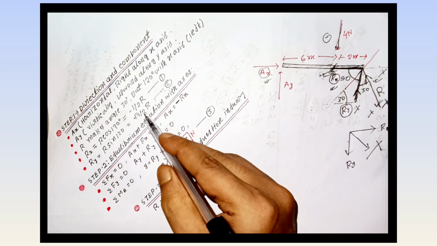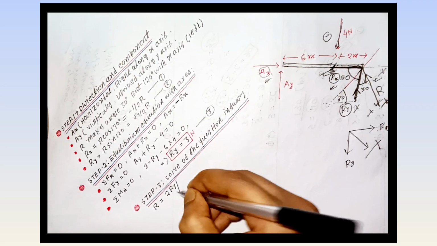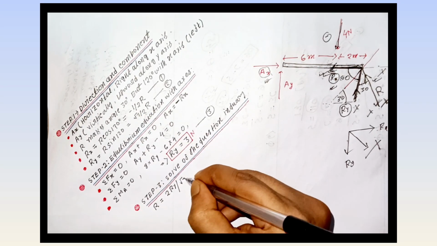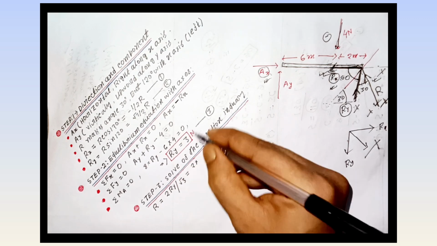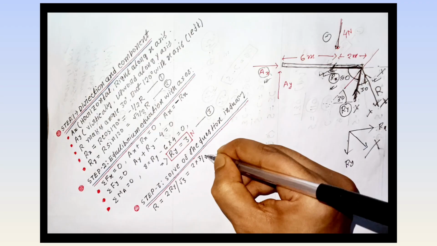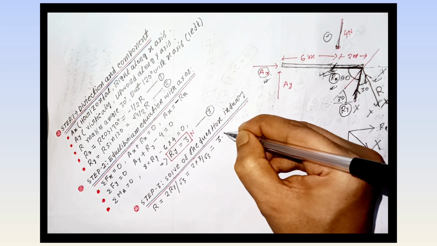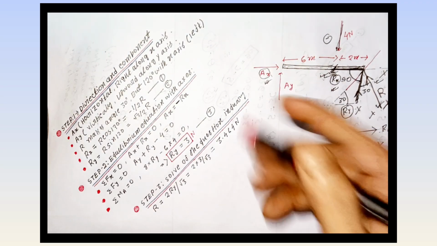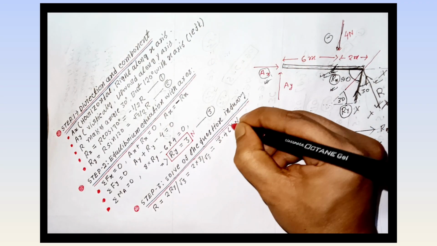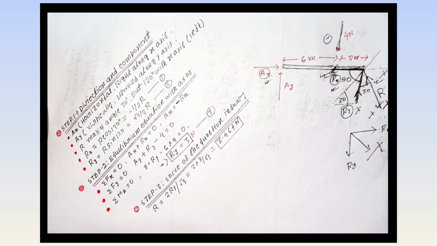Step 3. Solve the question inquiry. The question asks, what is R? R, obviously from equation number 1 or 2, anything. From equation number 2, R equals 2 into Ry divided by root 3. We know the value of Ry, so R is found automatically, that is 3.464 Newton.